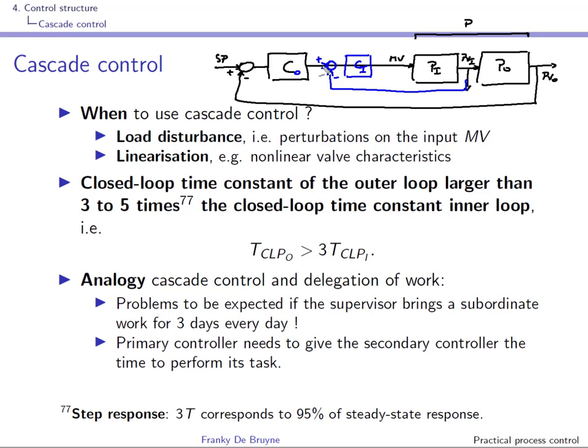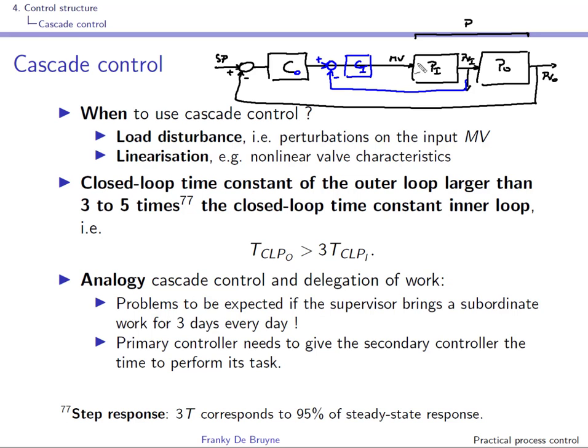So this outer controller will see a process, which is this closed loop followed by the outer process, that is linear. So these are the two main reasons to use cascade control.